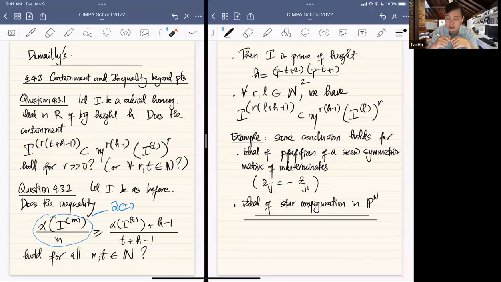So we know that this kind of inequality would hold for square-free monomial ideals. But of course, because this is an inequality, one can always say, well, can we improve the right-hand side? That's a very good question, which I don't know the answer to.